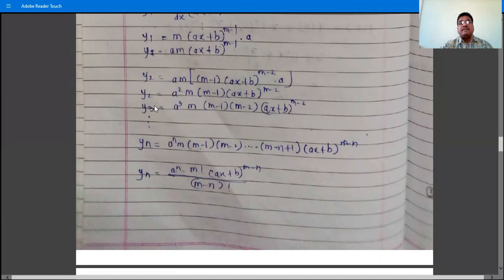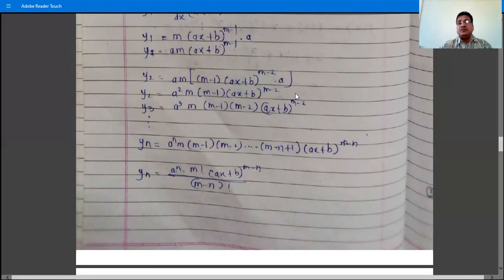If we observe y3, the last bracket is m minus 2. That is, if there is 3, then it is m minus (3 minus 1). And for 2 it is m minus (2 minus 1). So for yn, the last bracket is m minus (n minus 1), that is, m minus n plus 1.